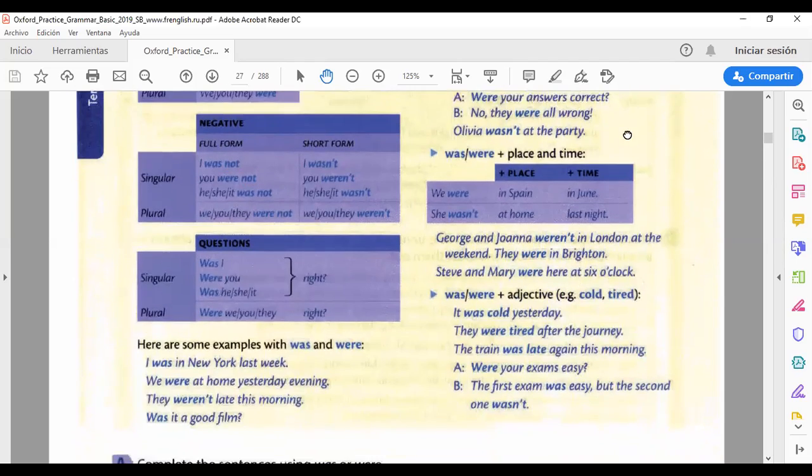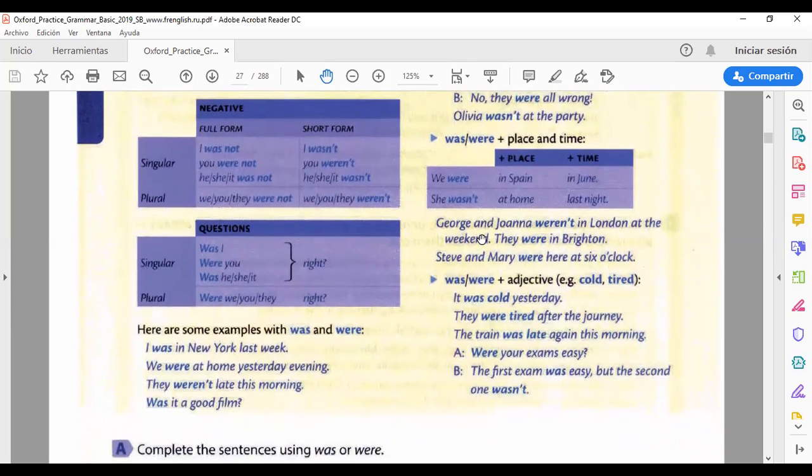Let's move a little bit right here. Questions, how do we form questions? As you can see here, we have to put the subject first and then the past simple of be. In this case, was. Okay, when we want to make questions, we just have to switch them like this.